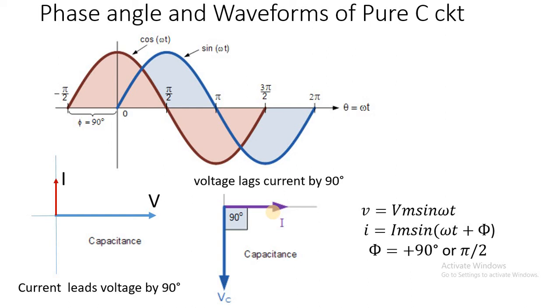In a pure inductive circuit, the current was lagging the voltage. So with respect to the voltage equation Vm sin omega t, in a pure inductive circuit, we have written the equation of current I equal to Im sin of omega t minus phi, and phi was pi by 2.